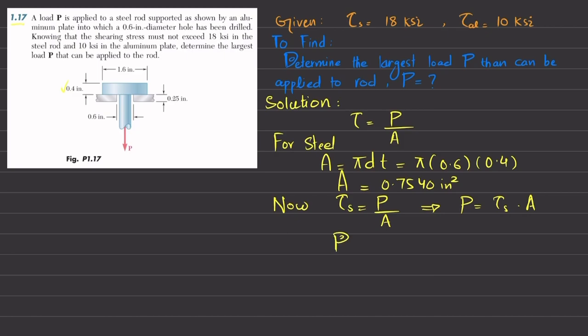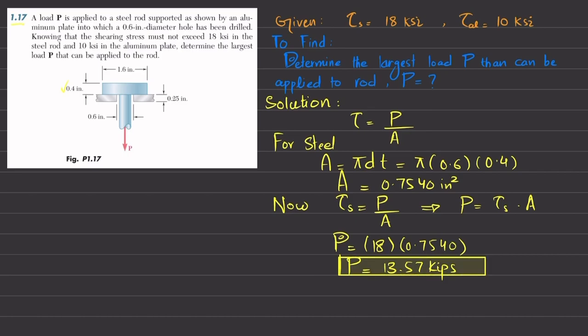So P will be equal to 18 ksi multiplied by area 0.7540, and when you calculate, that will be equal to 13.57 kips, kilo pounds. So this is for steel.